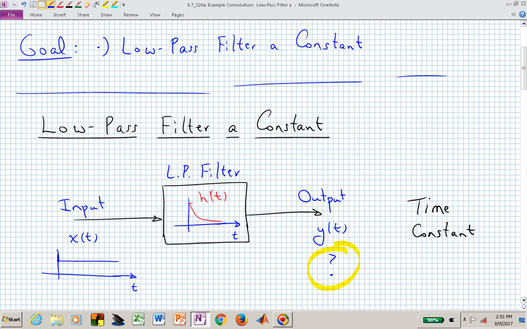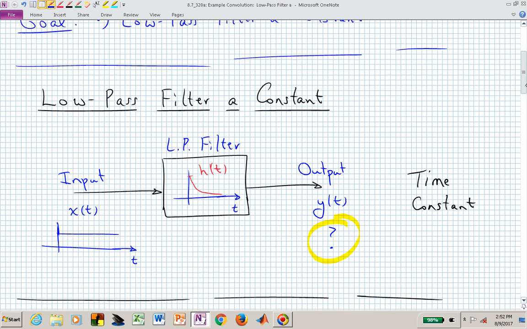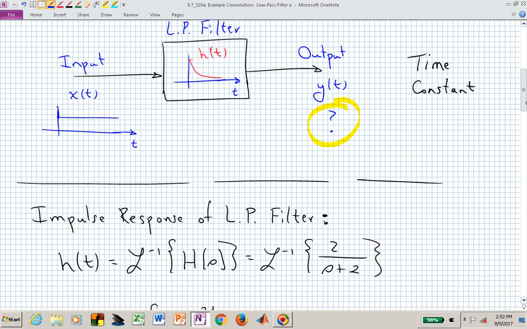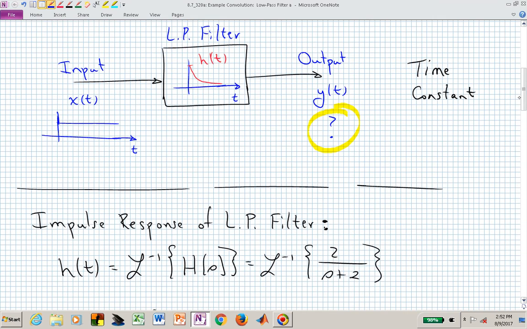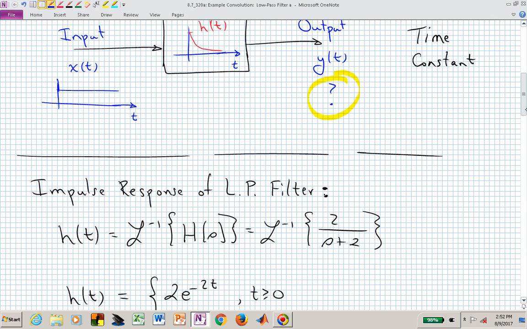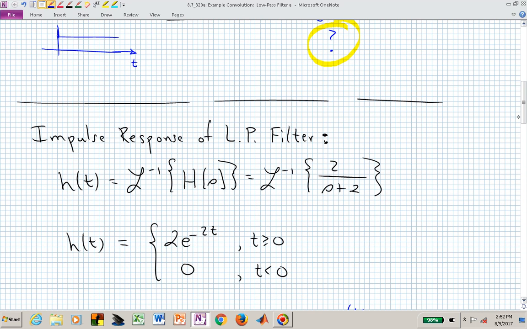What is the output waveform going to look like if we convolve a constant with this impulse response from a low-pass filter? This low-pass filter's impulse response will be a first order, and you could think of this as an RC circuit giving you a pole at -2. The DC gain is 1, and we'll talk more about that in subsequent videos.